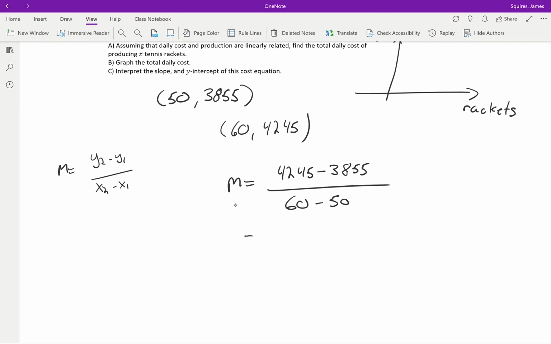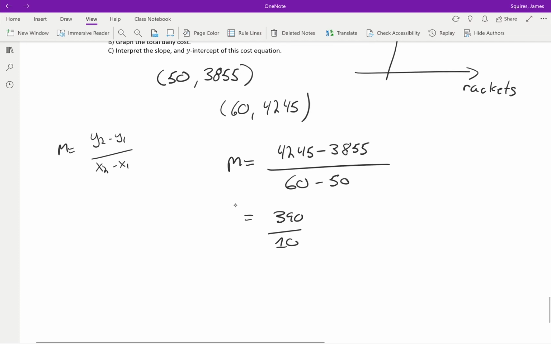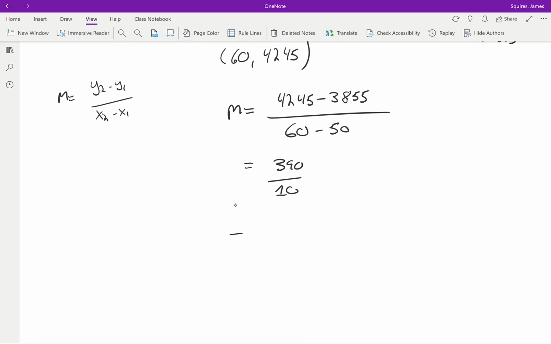So if we plug into the calculator, what is 4245 minus 3855? Well, 390 divided by 60 minus 50, divided by 10, and we are going to get a slope of $39.